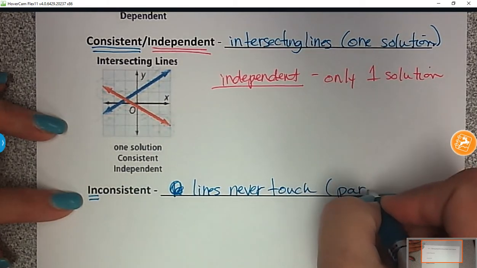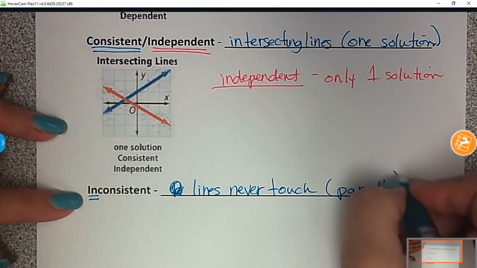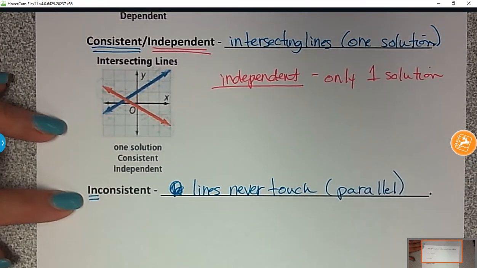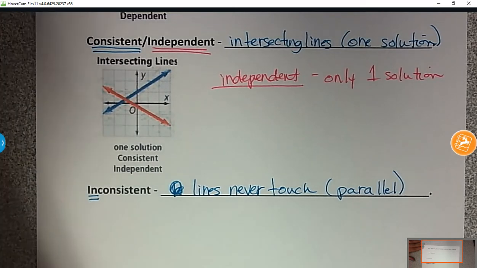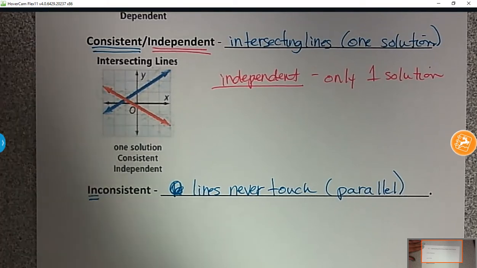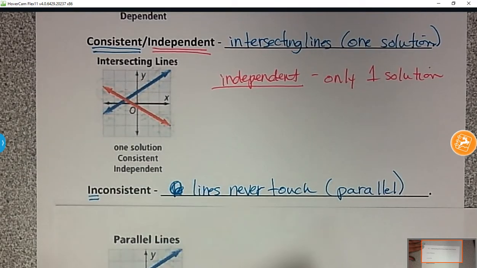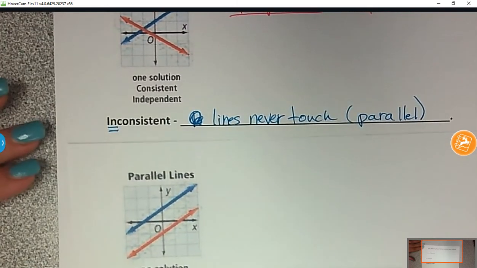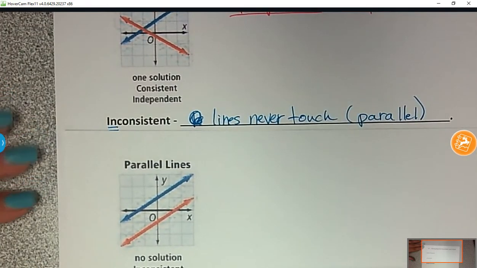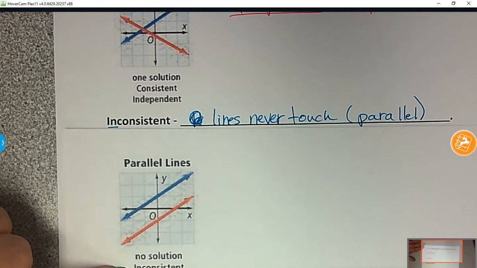That means they are parallel. And my picture for that somehow ended up on the next page. So let me slide this up a little bit and you can see it. There you go. So there's my parallel lines. There is no solution. If they ask what type of system it is, your answer would be inconsistent.